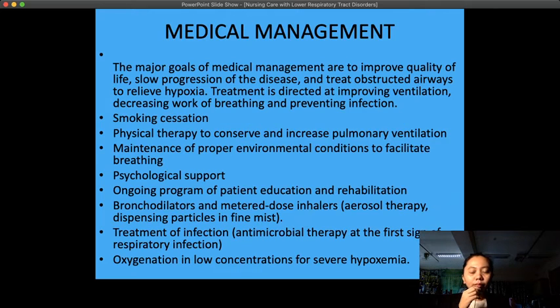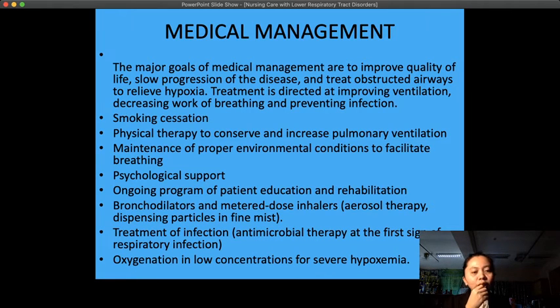Okay. Medical management. The major goals of medical management are to improve quality of life, slow progression of the disease, and treat obstructed airways to relieve hypoxia. So treatment is directed at improving ventilation, decreasing work of breathing, and preventing infections.